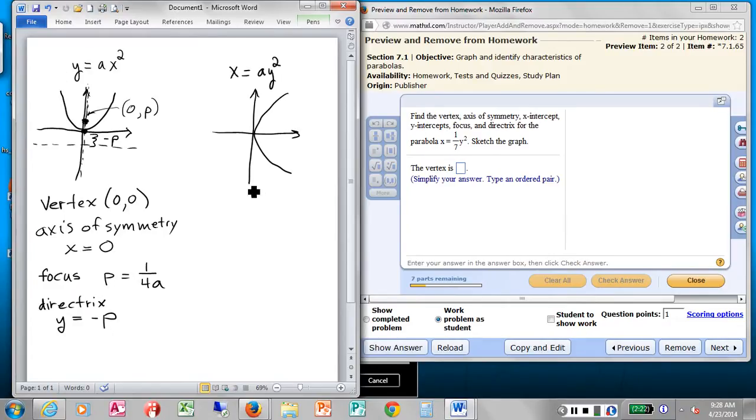Now, on the second parabola I have here, it's a sideways parabola because we've got x equals ay squared. And so that has a vertex of 0, 0. And our axis of symmetry is a horizontal line, which is always y equals a number. And so our axis of symmetry here is y equals 0.